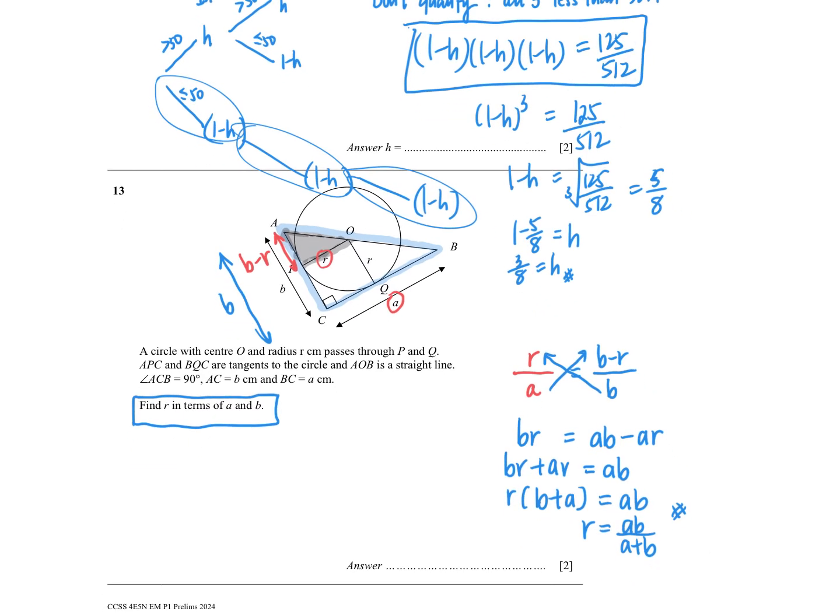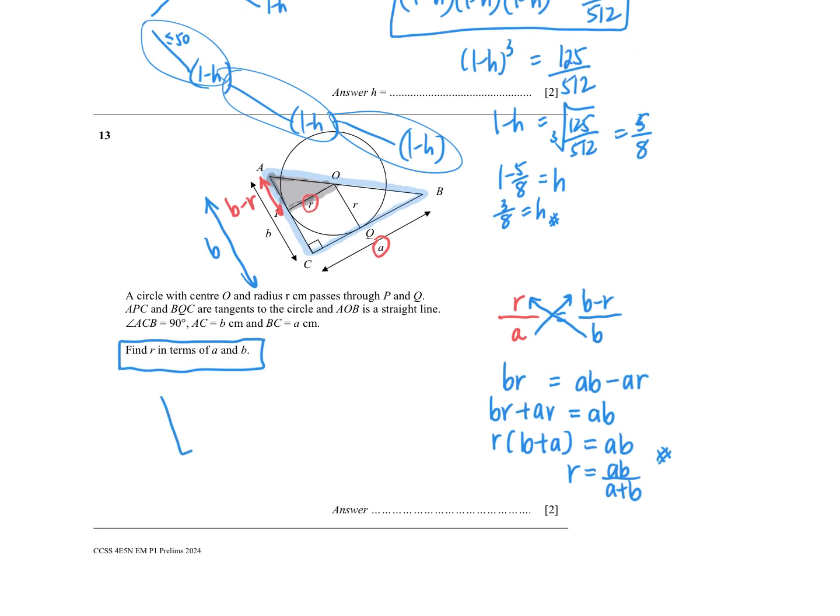Okay, so this question happens to be a similar triangle kind of problem. Similar triangle. Okay, let me draw this one. This is the small one, the AOP, the small one, the black triangle. So I write the dimensions here.